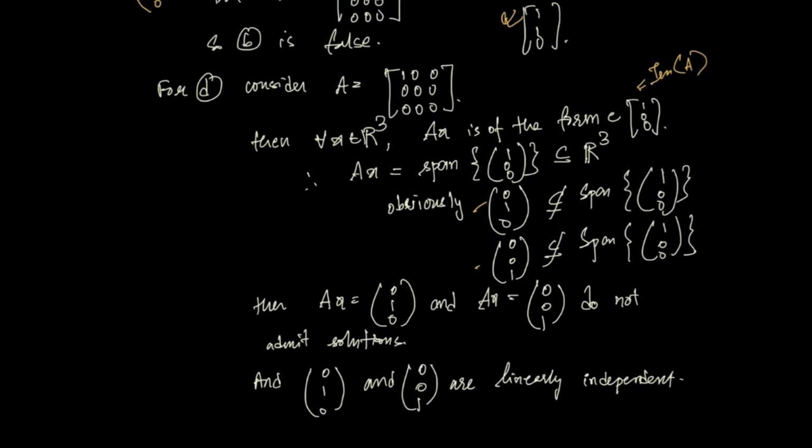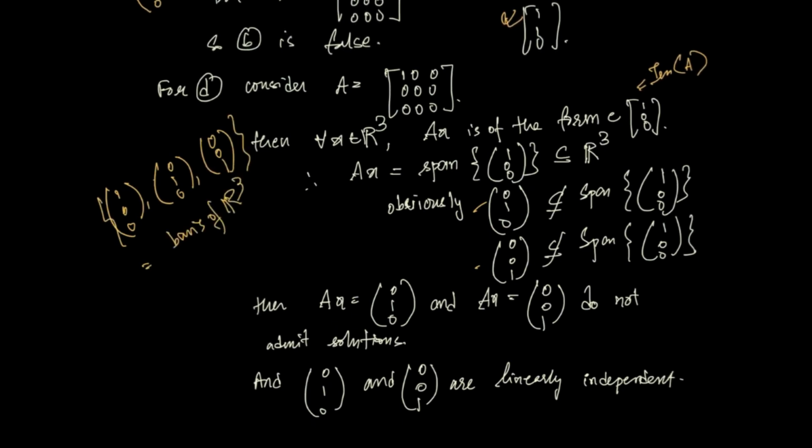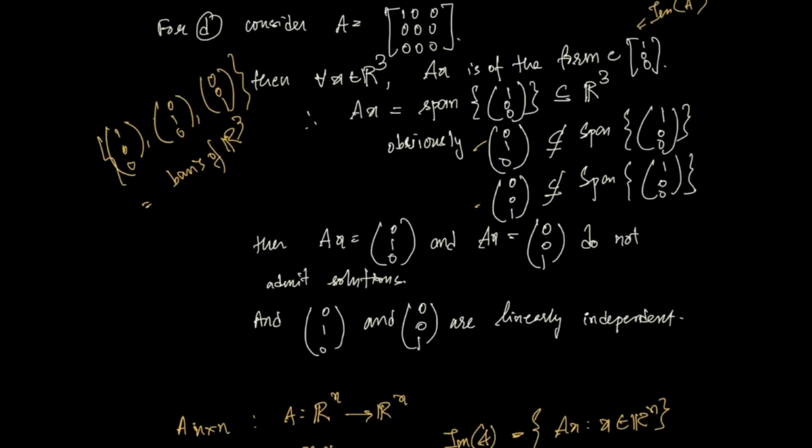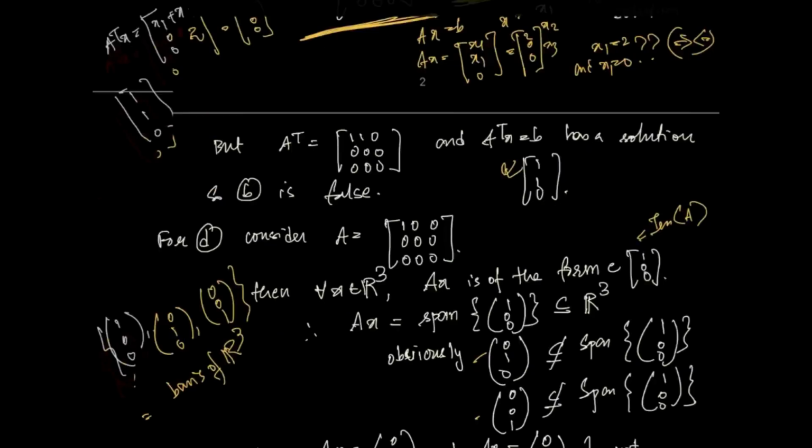This is because these three form a basis of R3, so they're linearly independent, which you should know beforehand. So these two do not fall under the span. Obviously Ax equal to this and Ax equal to this do not admit solutions, and these two are linearly independent. So option D is also false.